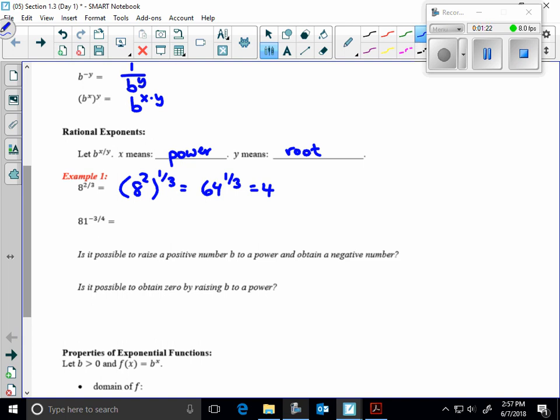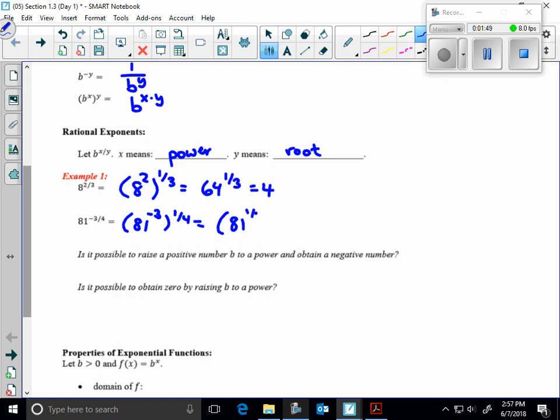So 81 to the negative 3/4 power. What I'd probably do with this is I would take 81 to the negative 1/3 power to the 1/4. Now that might be a little convoluted, so let me flip it around. I don't know what 81 cubed is, but I do know the 4th root of 81.